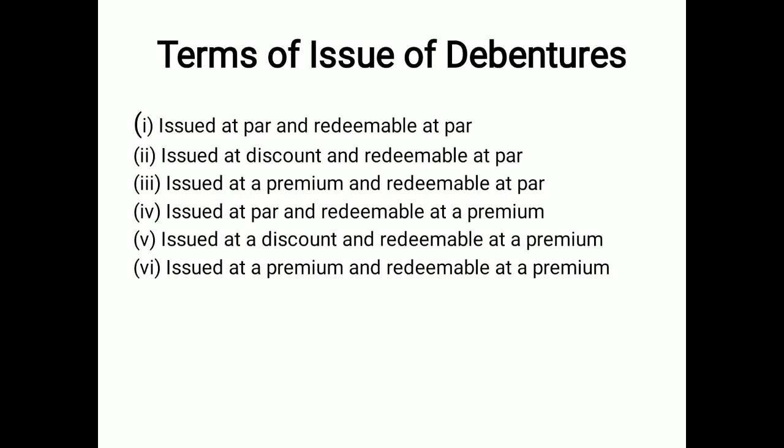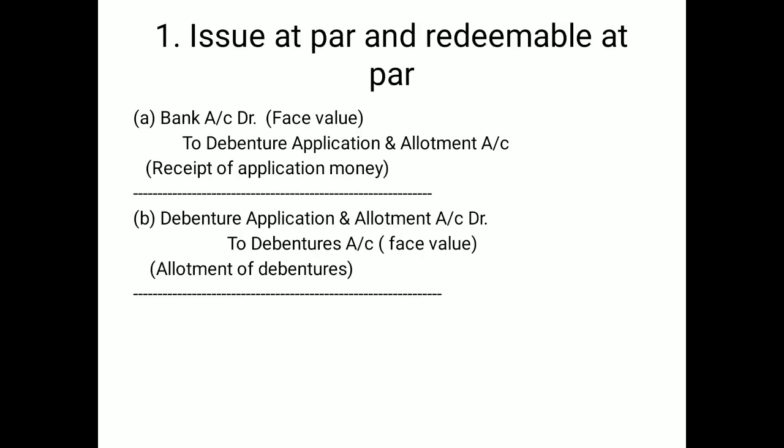These are the examples I am attaching now. Okay, what does it mean? Now issued at premium means 100 plus 10, that means 110, and issued at premium is referring to 100 plus 10. So these are the examples which I am going to discuss one by one.